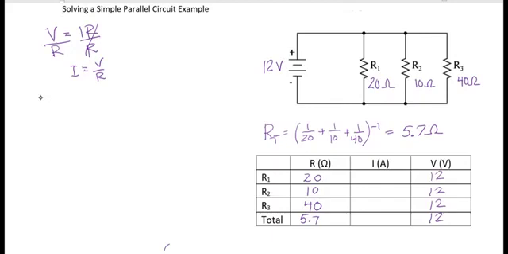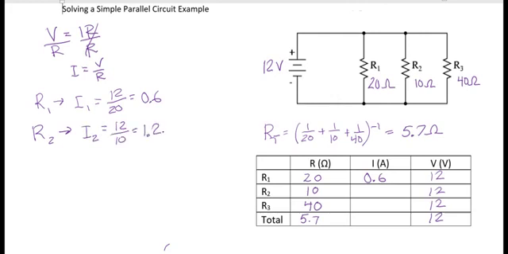So for R1, the first current, I1, is going to be equal to 12 divided by 20. And 12 divided by 20 is 0.6. Put that in my table. For R2, I2 is going to be the voltage divided by the resistance. 12 divided by 10, which is a nice easy one, is 1.2.